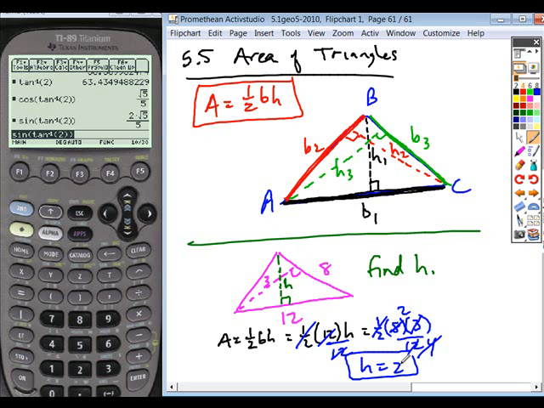Okay. Now the one other thing as far as the simple numbers that can sometimes cause problems is working with triangles that are obtuse.